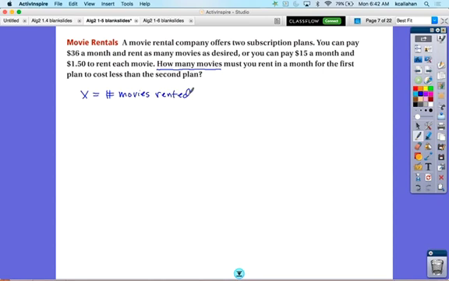Okay, the first plan costs $36. It doesn't matter how many movies you rent, it's just $36. The second plan costs $15. That's what it costs no matter how many movies you rent, plus $1.50 for every movie that you rent.